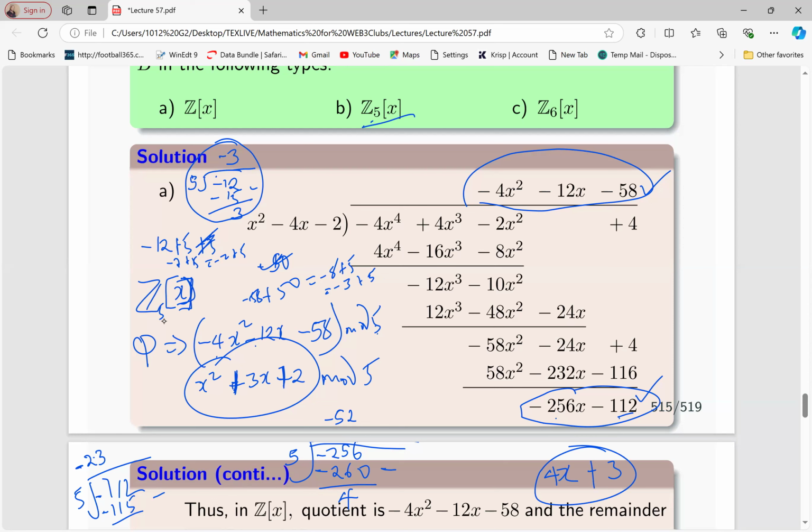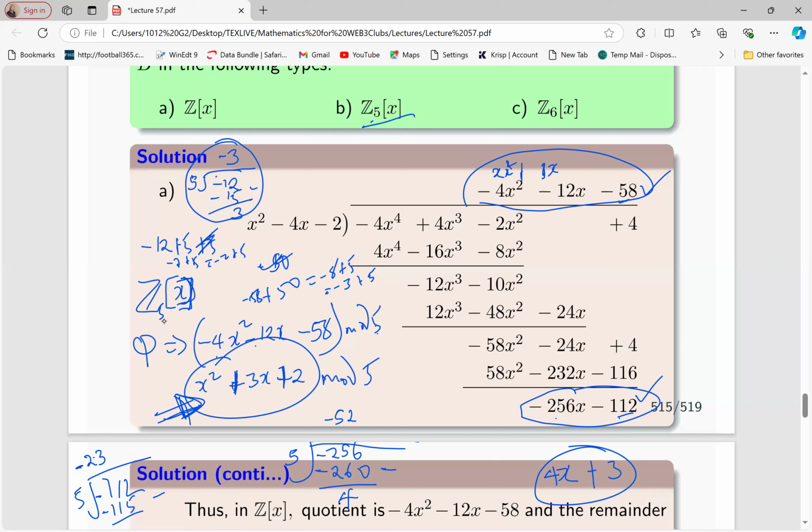So we found our quotient. What's the quotient? Yes, the quotient was this. This gave us 1x squared, this gave us 3x, and this one is the one we did earlier, it is here.